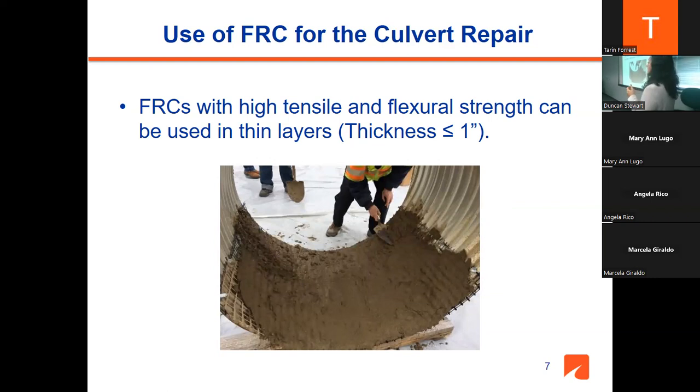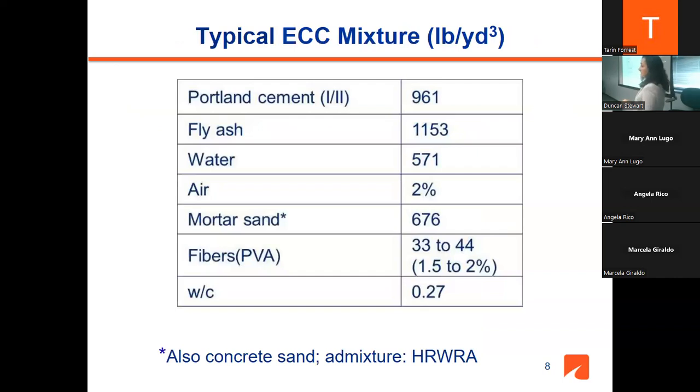With ECC, for example, we can have 1 inch thickness of the concrete in the bottom of the culvert, and this can cause fewer environmental and hydrological problems. And in the typical ECC, as you can see, we have so much fine content like fly ash, and also a special kind of mortar sand in our mix design, and 1.5 to 2% by volume PVA fibers, and that can help to reduce the width of the crack.